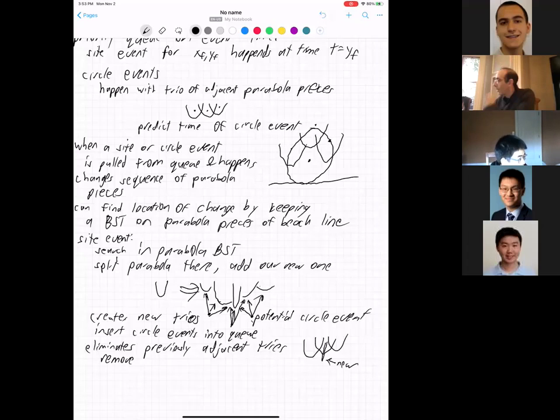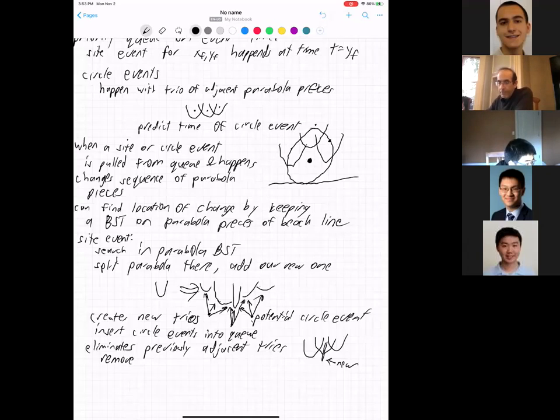Oh, I see. And do you just save the intersection between consecutive parabolas, or just their focus points? What you save is the time and location of the Voronoi point that they would create, the point that's equidistant from all three foci.